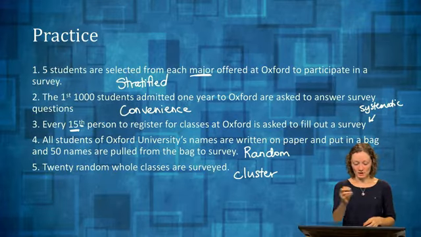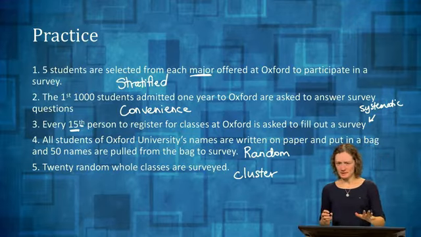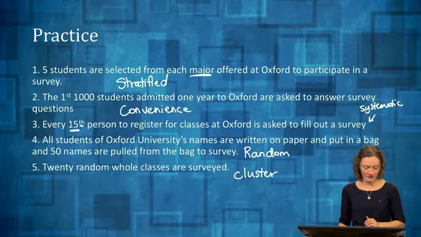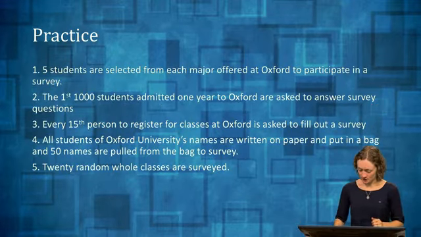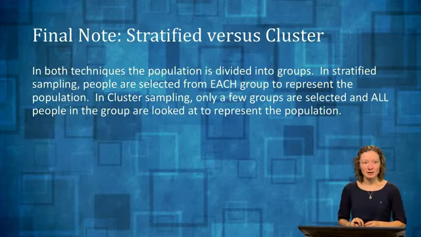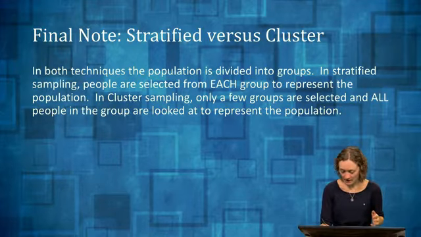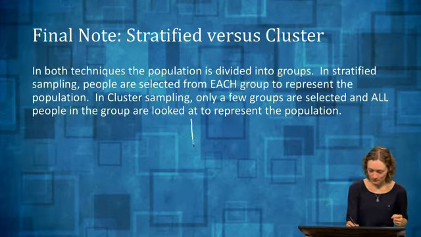All right, so of these 5, even though random can sometimes get thrown in for confusion, the 2 that generally have the most confusion are definitely stratified and cluster. So let's take a bigger look at those, stratified versus cluster. In both techniques, the population, whatever that population might be, is divided into groups.